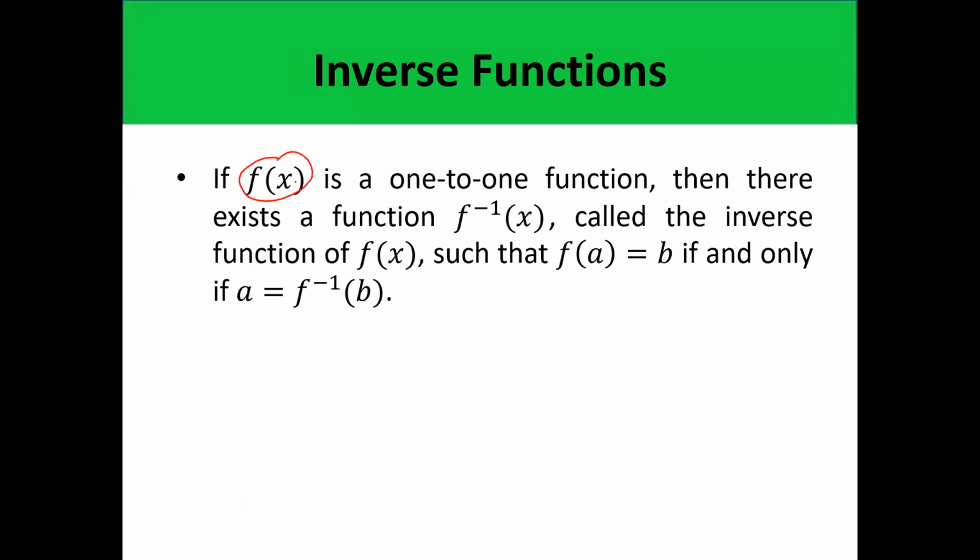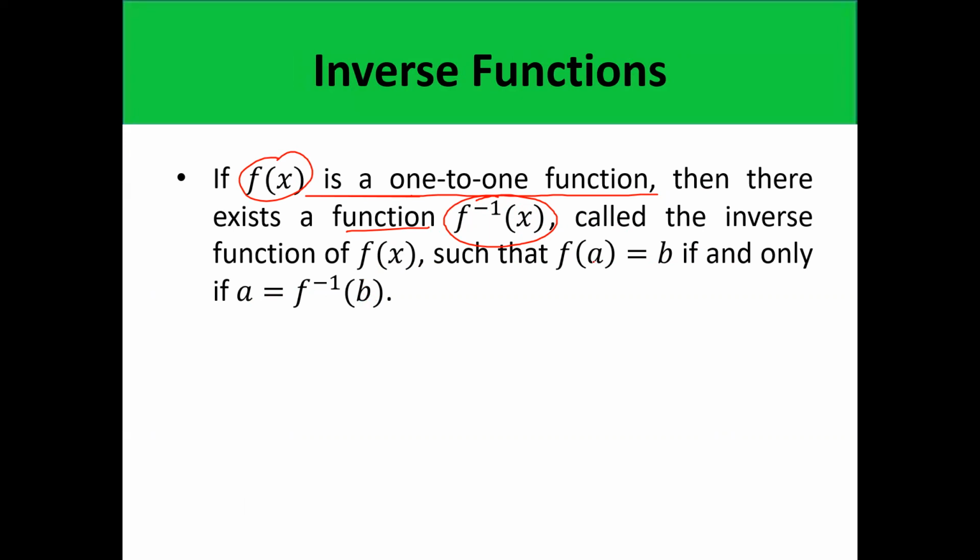If f of x is a one-to-one function, then there exists a function which we denote by f to the negative 1 of x, which is read as f inverse of x. It's called the inverse function of f of x, such that f of a equals b implies that a is equal to f inverse of b.